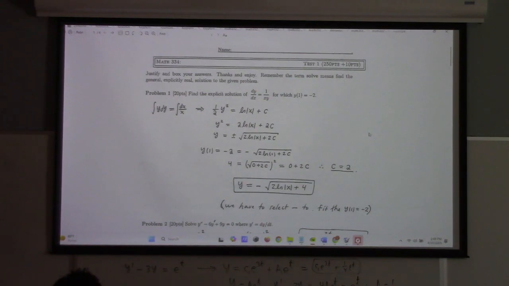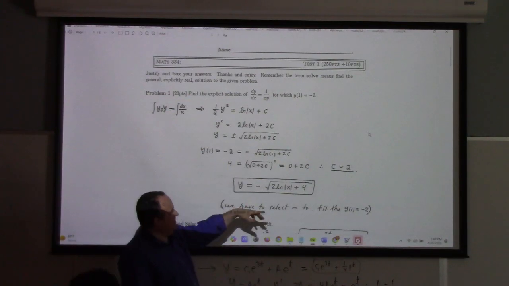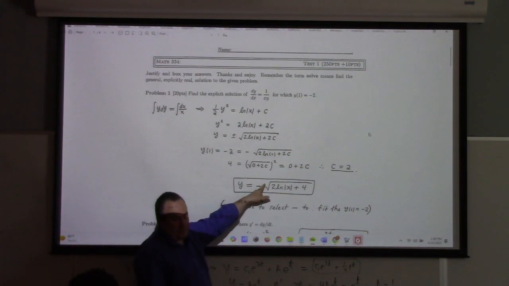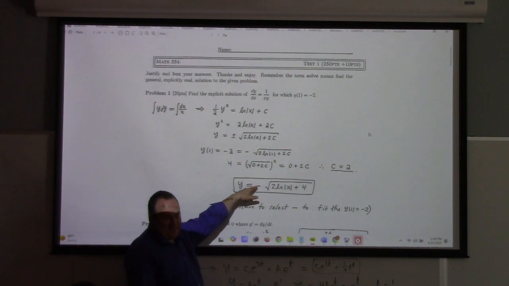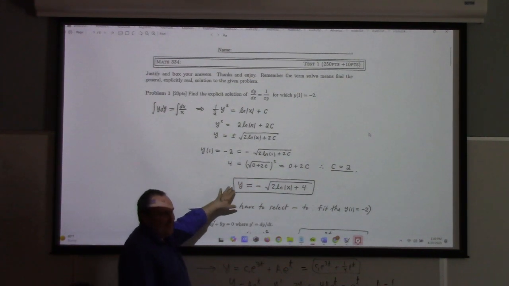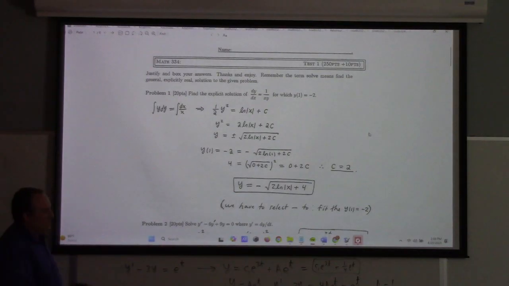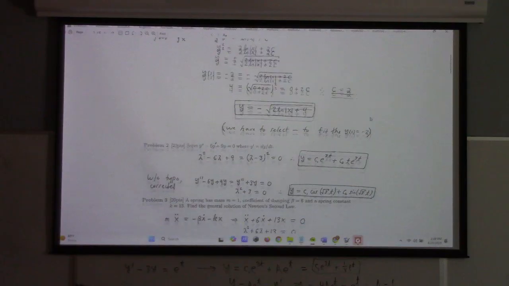But when we're taking a square root, we have to allow for plus or minus. If we have a negative initial condition, you need a minus probably. I can't get y of 1 is minus 2 if I put a plus here. And you can't put plus or minus here. I don't allow you to just choose all possibilities. You've got to pick, all right? So we're looking for a specific solution here. Anyway, that's easy enough not to get wrong.